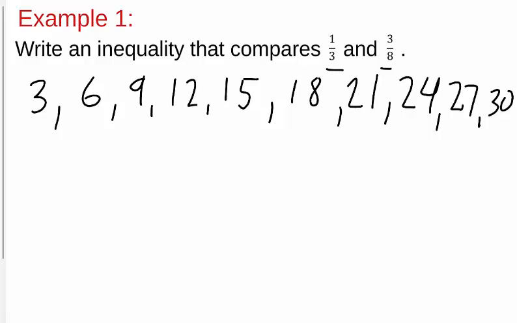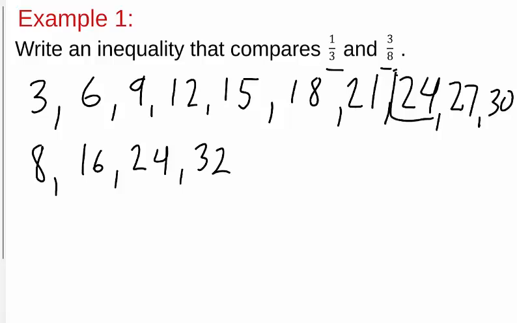I think we don't need anything above 30. Let's go with 8. We have 8, 16, 24, 32. But wait, we're already above 30 there, so we don't need to go any farther with 8. And already I see a matching one, 24. So 24 is our key there.